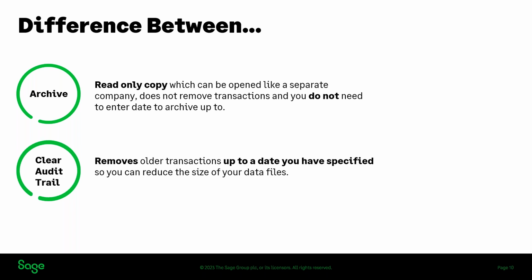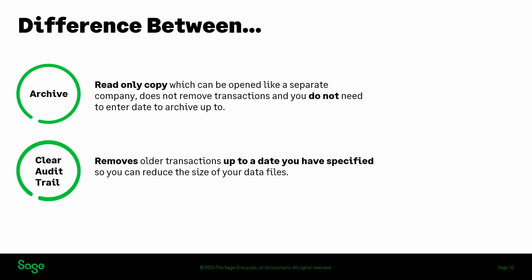Now, to compare the archive to the clear audit trail process, the clear audit trail process is to remove all the transactions to reduce the size of your data and keep things tidier and more organised. You would enter a date when you run the clear audit trail. For example, you might want to keep 6 years worth of data.